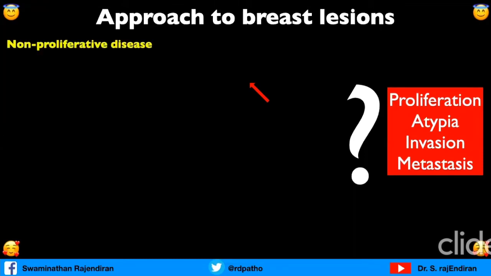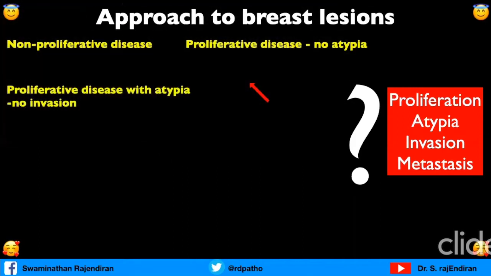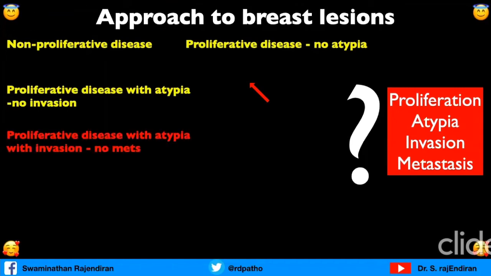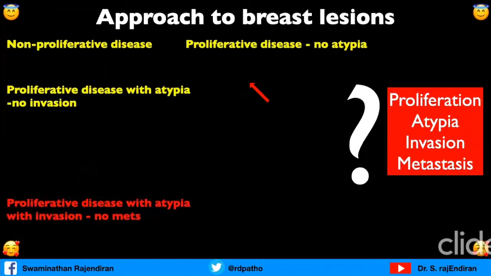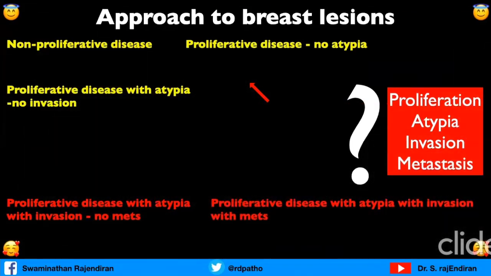Depending upon the answer, the lesions can be classified into non-proliferative diseases, proliferative diseases without atypia, proliferative diseases with atypia but no invasion, proliferative diseases with atypia with invasion but no mets, and lastly proliferative diseases with atypia with invasion with mets.